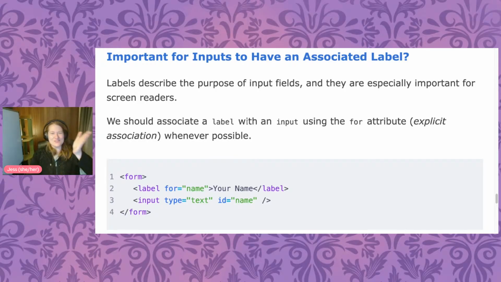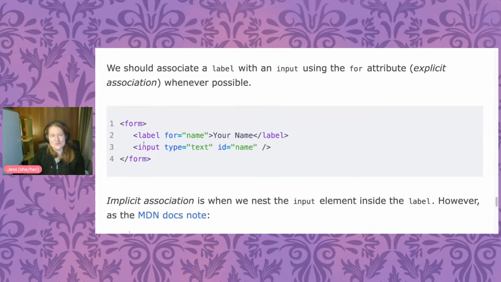So we should associate a label with the input using the for attribute wherever possible. Let's take a look at this. So this is a label for name, and the name is associated with the ID. This feels really reductive, but this is us sort of stapling these two things together.